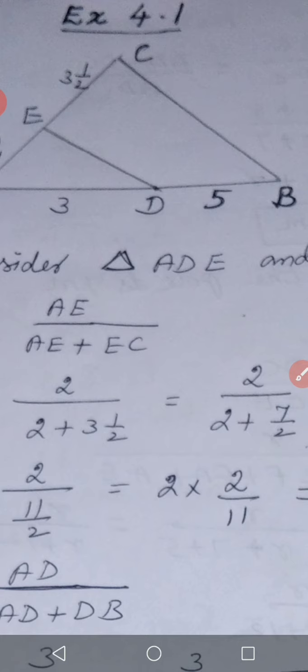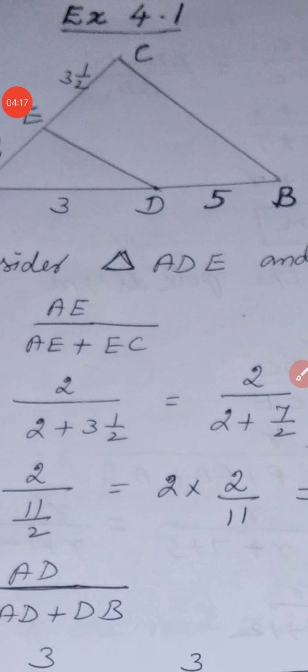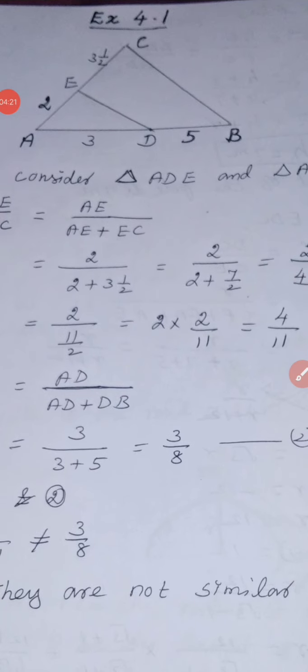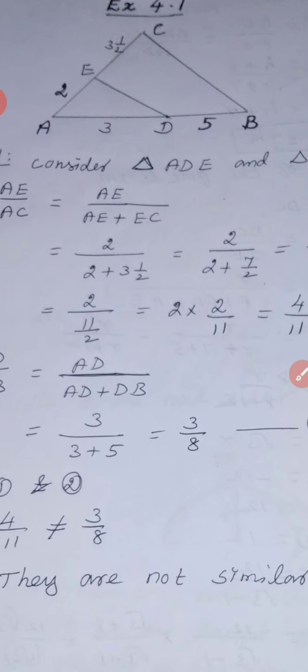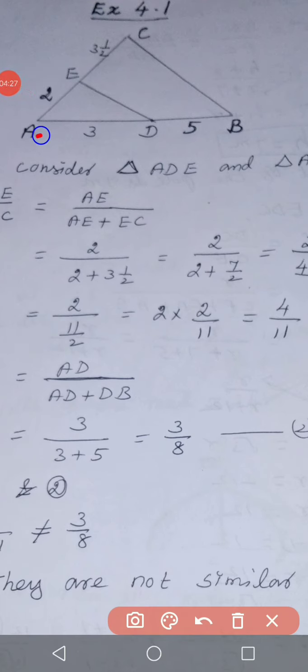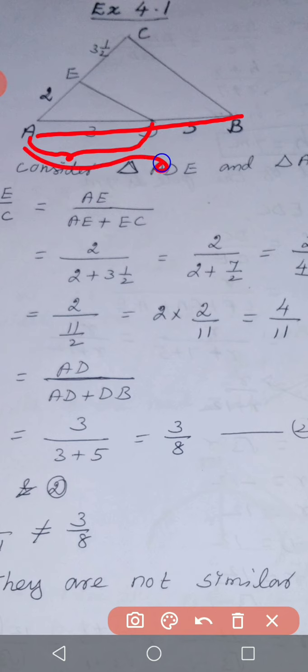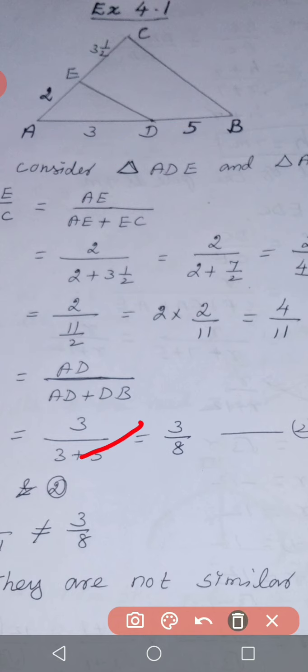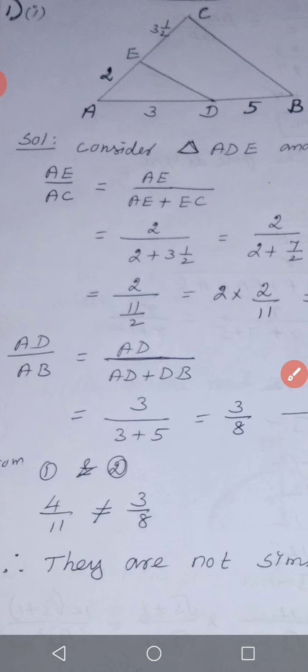Then next, AD by AB. Next consider the baseline, this line. This can be written as AD by AB. See, AD by DB.